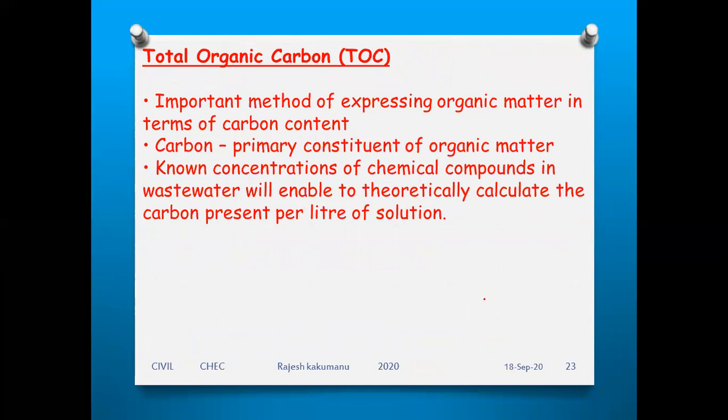The next one is the total organic carbon, TOC. TOC refers to the total organic carbon. It is an important method of expressing the organic matter in terms of carbon content. So this method is also used for testing organic matter, showing the results in terms of carbon content. Carbon is the primary constituent of organic matter.